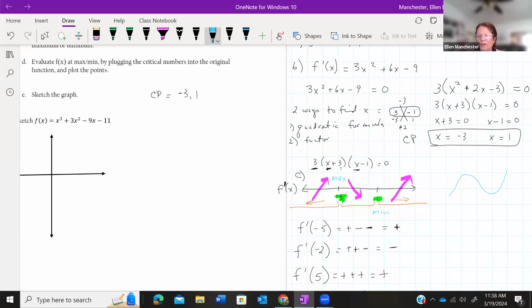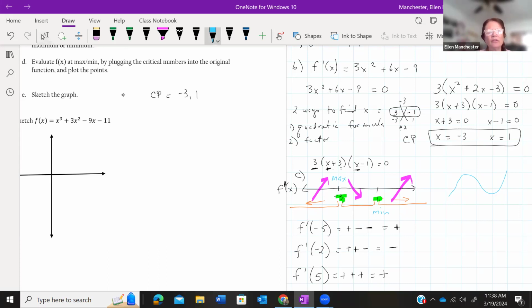So this is our sign chart or test chart. And again, all I care about is whether it is positive or negative. Okay. All right, and again, that's why I'm saying this is all a process. The more we do it though, the process gets smoother and smoother and smoother.